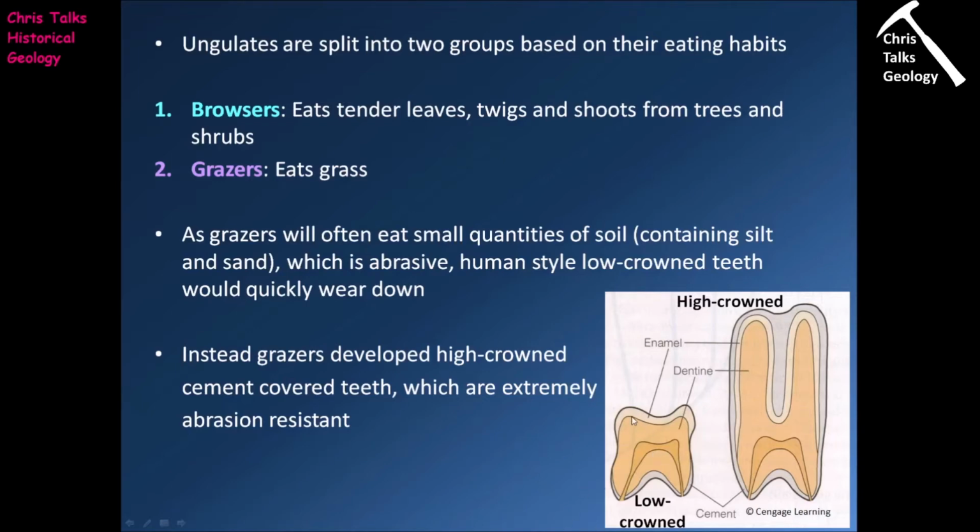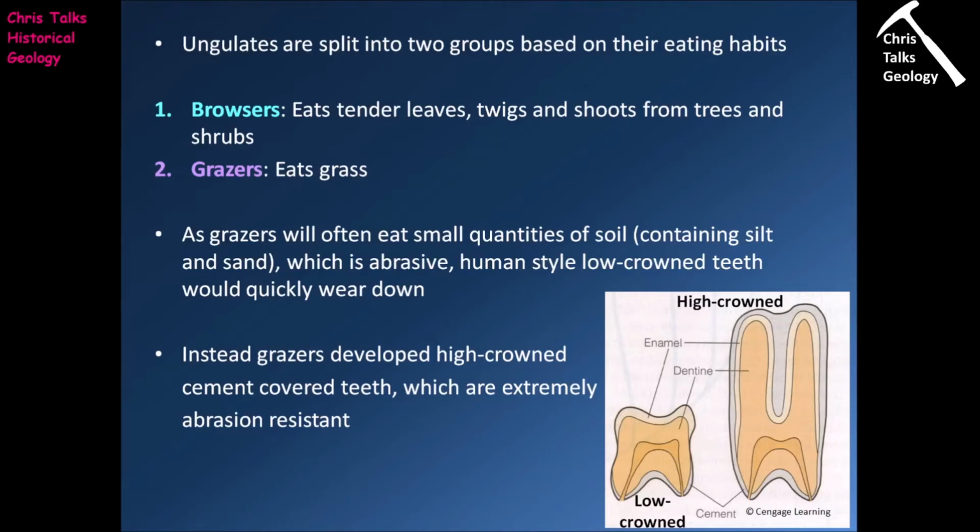Low-crown teeth are good if you are eating a diet which isn't particularly abrasive. However, if you're a grazer, you are going to be exposed to all these small rock fragments in the soil, and that's going to very quickly degrade the enamel and the dentine, and so the nerve is going to get exposed very, very quickly. And of course, this is going to cause you great amounts of pain. It's going to inhibit your ability to eat, and eventually it will mean you'll get weaker and die.